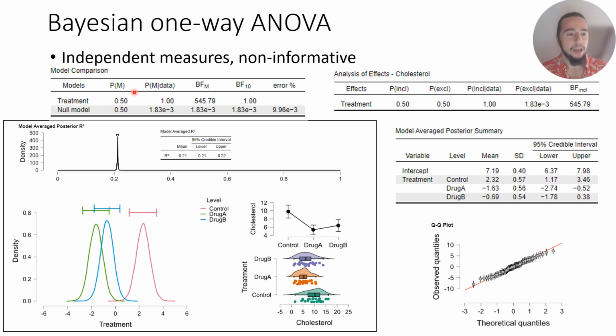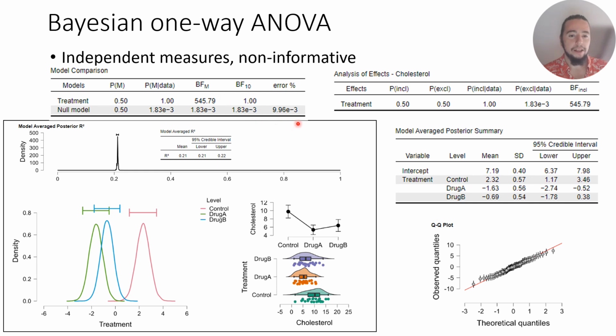Now the probabilities of the model given data, the posterior probabilities, are basically 1 for the treatment and basically 0 for the null model. This is converted into Bayes factors. As you can see here, we have a very high Bayes factor for this and a very low Bayes factor for the null model, and it can be converted into Bayes factor 1, 0. That is basically the maximum is set to 1 and the other ones are set as lower.